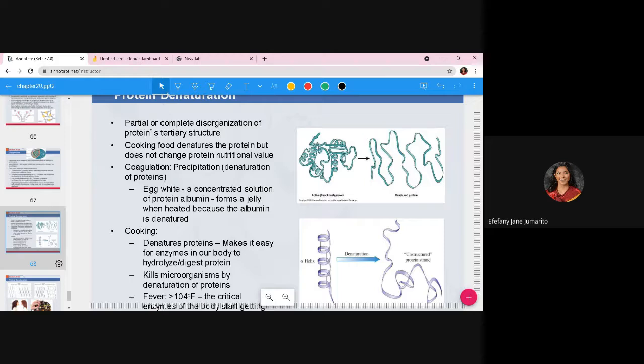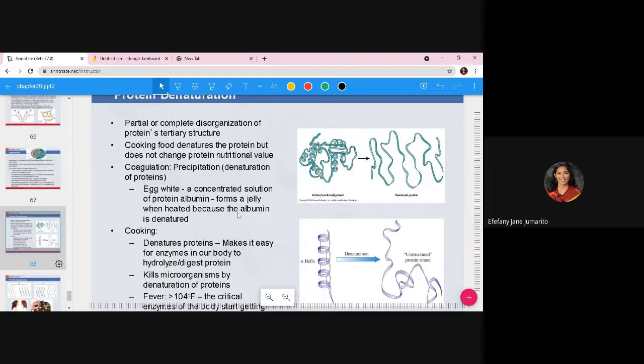We have the albumin. If we cook it, then the protein will be denatured. It will be cleaved. So cooking is helpful because it breaks down more easily, and it's easier for your body to process since there is already initial denaturation, initial cleavage. So that's why cooking is recommended.